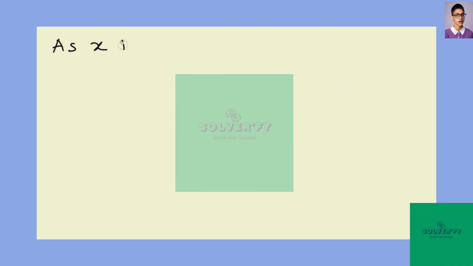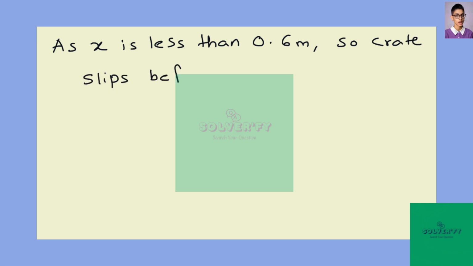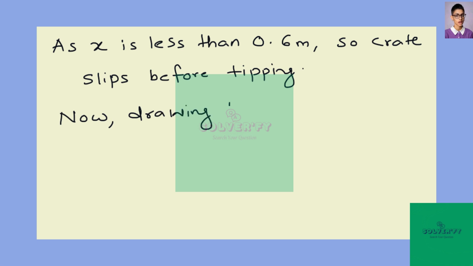Now going further, as x is less than 0.6 meter, so crate slips before tipping.